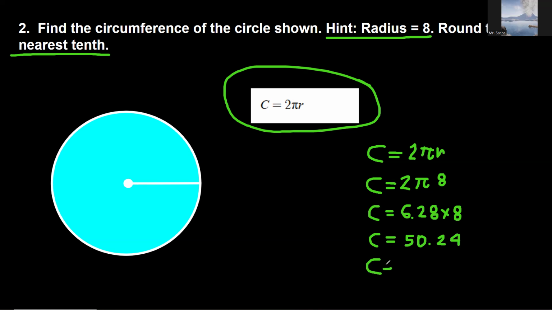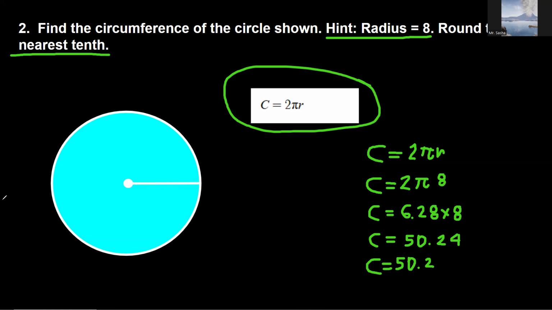So we get an answer of 50.2. So we did it. That is the circumference of the circle.